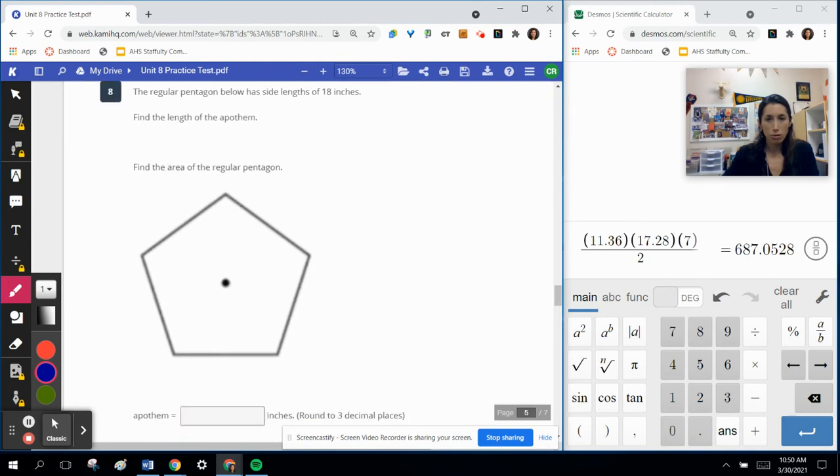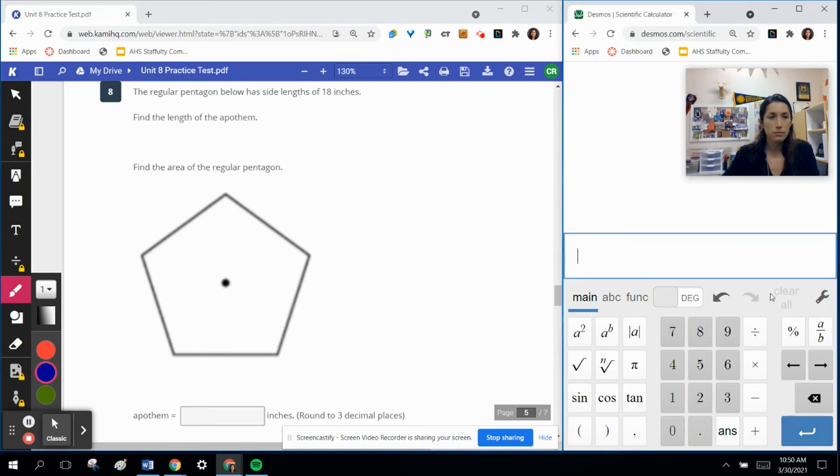Okay, we've got our regular pentagon here. First thing that we know is that each of the side lengths is 18. It's regular. I would say that this part here is going to be 18. Now, 2 ways we can do this. I'm going to draw this little half triangle here.